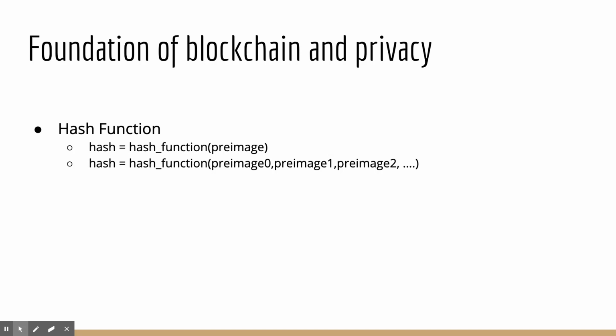Well, what if we have many pre-images? They can all be hashed together, like the second line we've shown here. They can just be all written one after the other, and the order is important. If you change the order in which you put them into the hash function, then the hash will change.